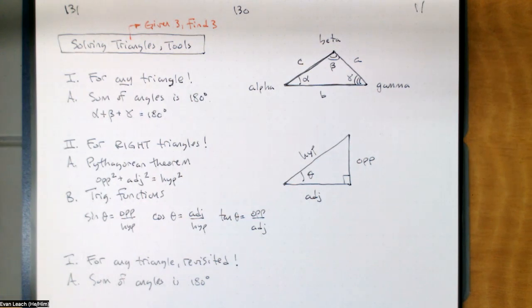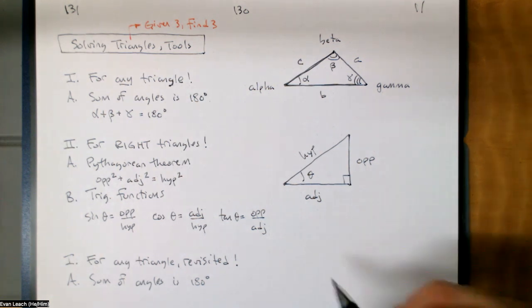So we're going to get some new rules for solving triangles. We have that the sum of the angles is 180 degrees. That works for any triangle, including right triangles. We use it in solving right triangles. But now we're going to be solving any triangle where we can't use the Pythagorean theorem and we can't use opposite adjacent hypotenuse.